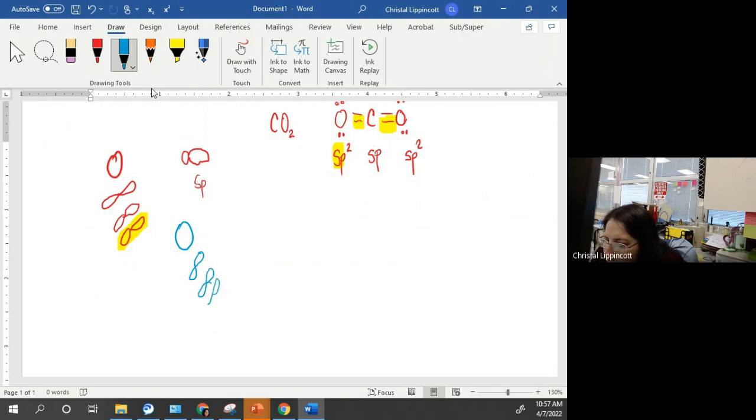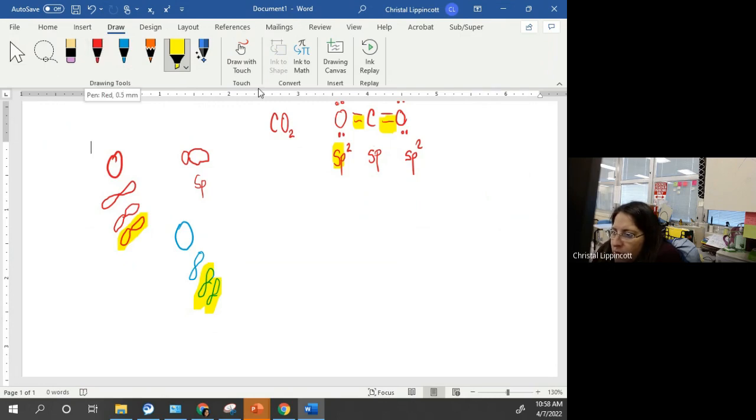So it has to leave these as p orbitals, one for each double bond. So one is left to hybridize, just one p orbital, and that's why it's sp. There's only one p that gets hybridized. You have to have one open for this double bond and one open for that double bond. So this is the way that looks.